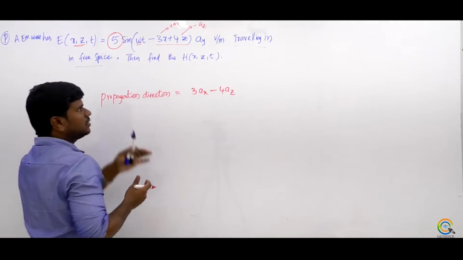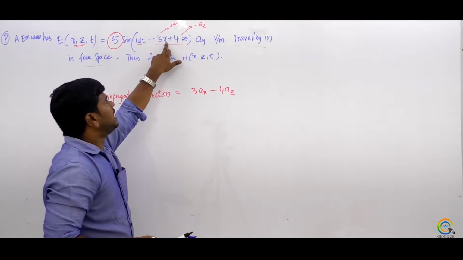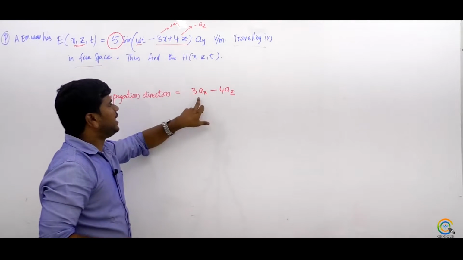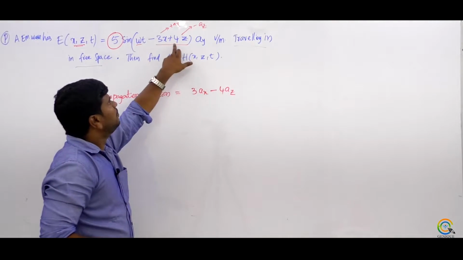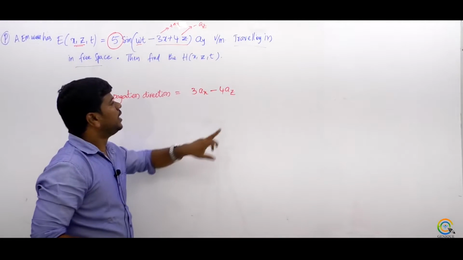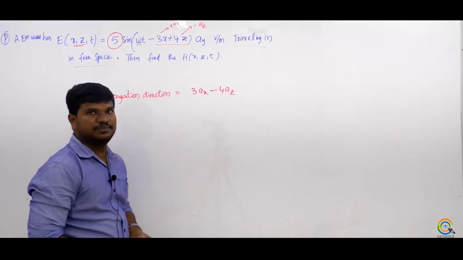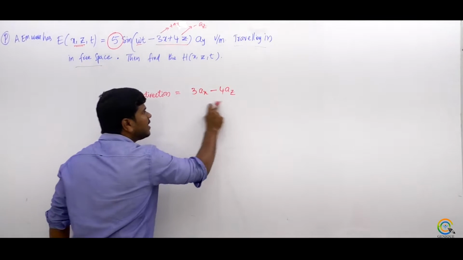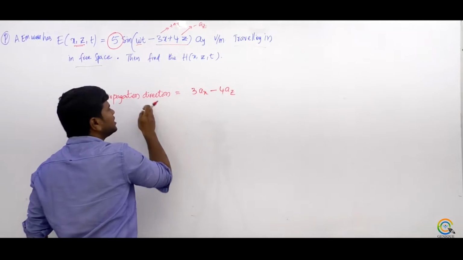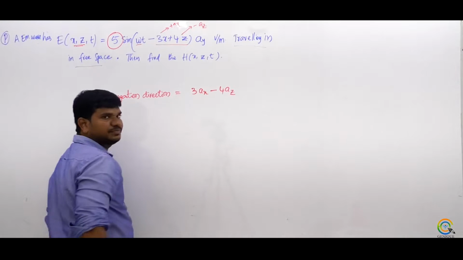It is 3 in the x direction, so I write ax, and minus 4az. So this is the vector, and the propagation is directed along this vector.